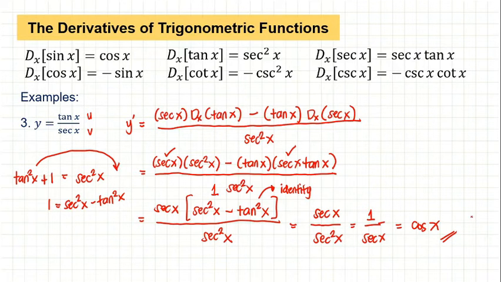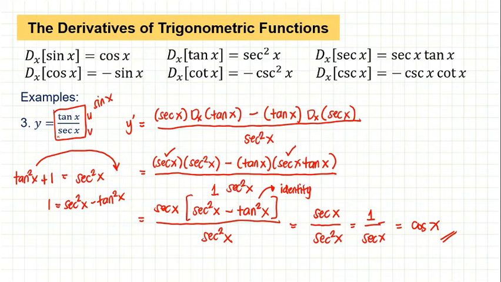So as what I've said, if you can simplify the expression, please do so by applying the identities that we have learned in pre-calculus. Okay? So we have cosine x. And actually, from the given equation, tangent x over secant x is just equal to sine x.